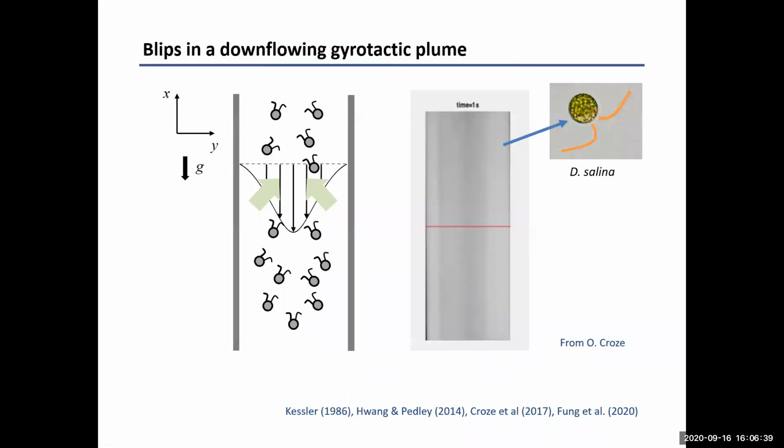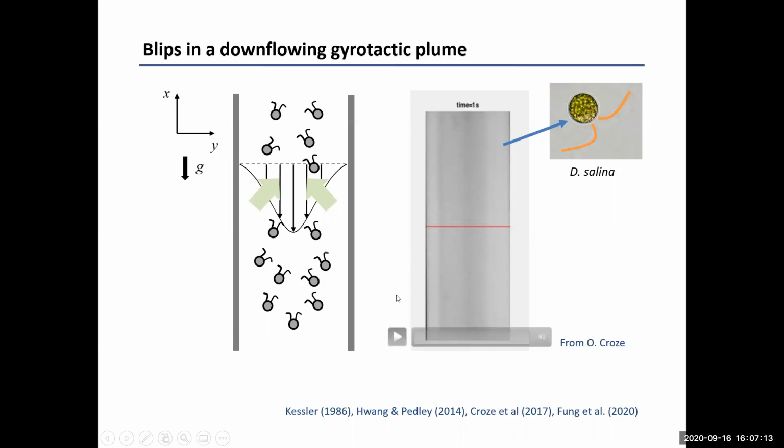The other interesting collective dynamics, which you can also see in such bottom-heavy swimmers, which swim upwards, is the Bliss instability. So imagine you have a suspension which flows downward in a pipe, and what typically happens here is that those cells tend to swim towards the region where the downward velocity is the strongest.